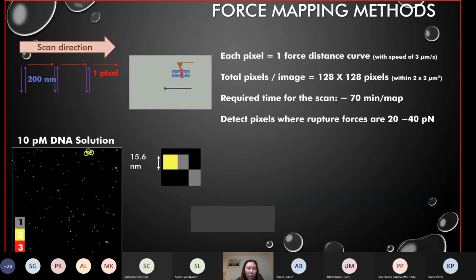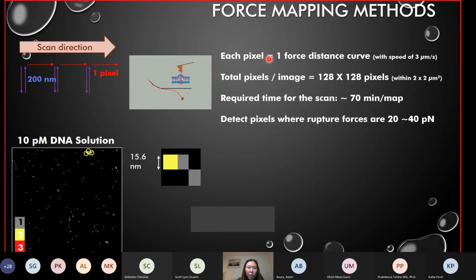To prove it really worked with the AFM, we first tried the force mapping method, which is the common method. As I explained before, you remember this force distance curve? We perform this force distance curve at each pixel of the AFM image: one time up and down, then go to the next pixel, and so on.